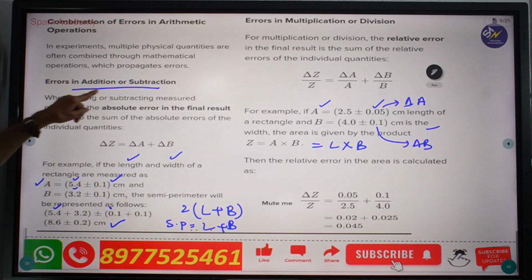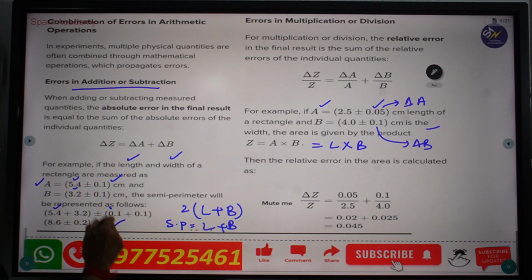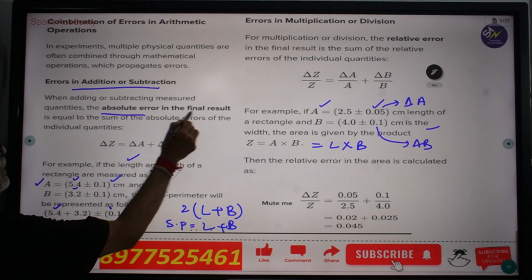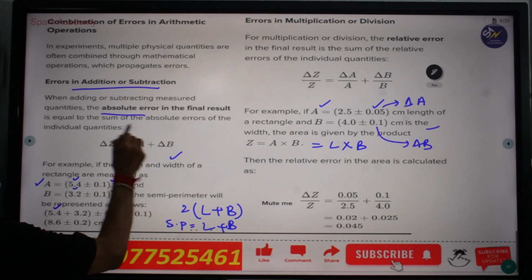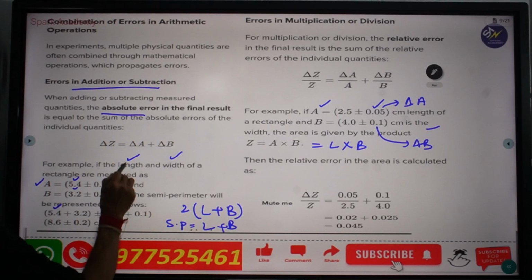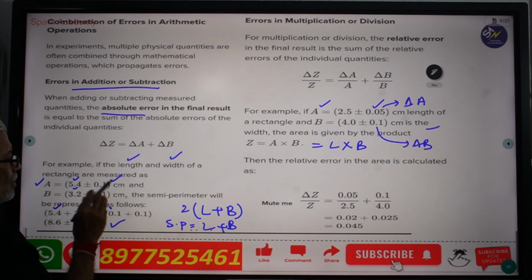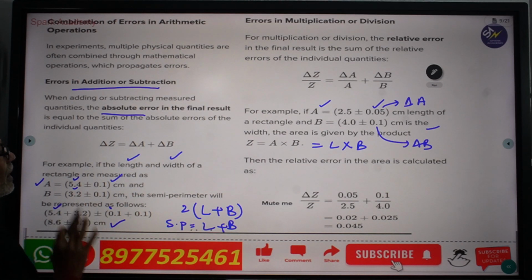Now, addition and subtraction. When adding or subtracting quantities, the absolute error in the final result is equal to the sum of the absolute errors of the individual quantities. This is explained with one example.